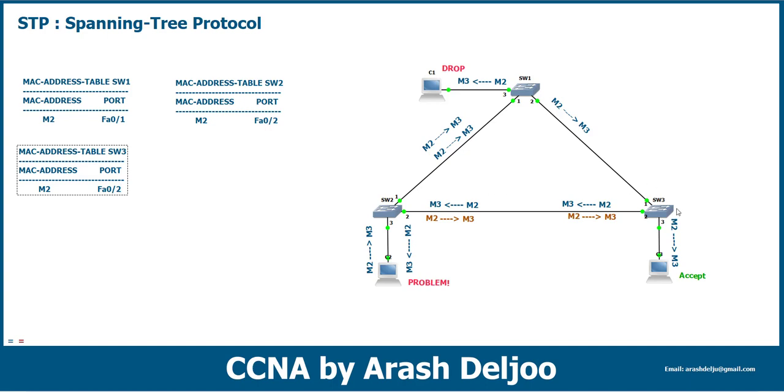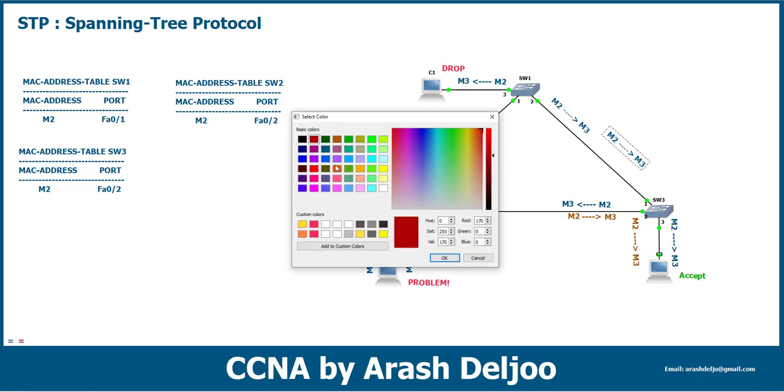Okay, this means that now the MAC2 is changed in the MAC address table of the switch 3. And then because switch 3 doesn't have any information about the MAC3, it should flood the frame to the port 3 and also to the port, for example, 1. Let me show you. This is the same frame.